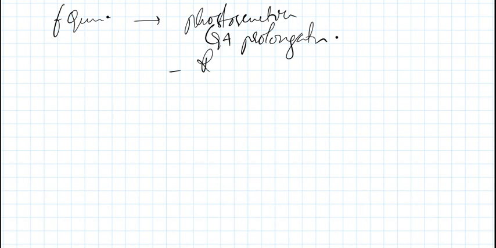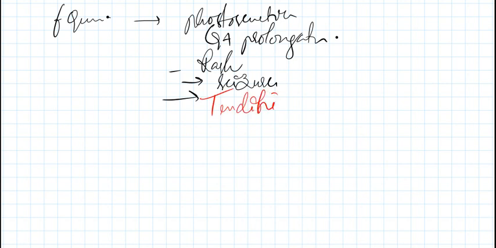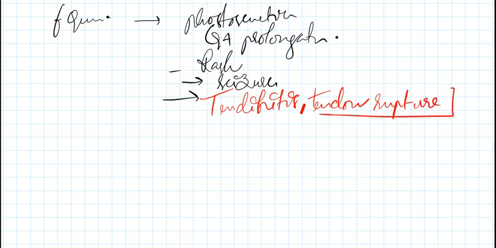They cause rash as well as seizures. They also cause a side effect that can be asked as an MCQ, and in fact it was asked previously in 2019, I think. Fluoroquinolones cause tendinitis or tendon rupture.